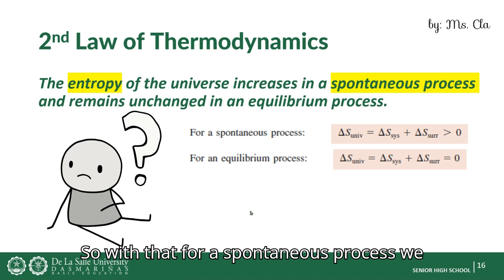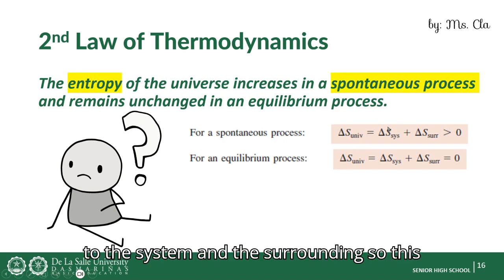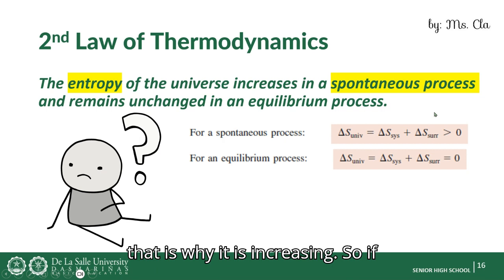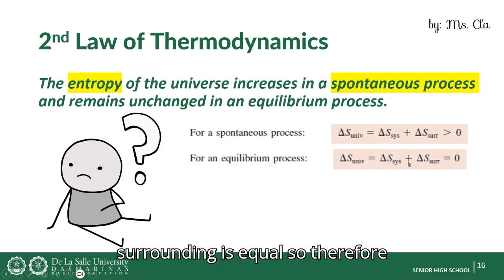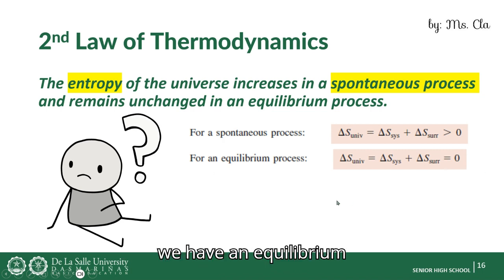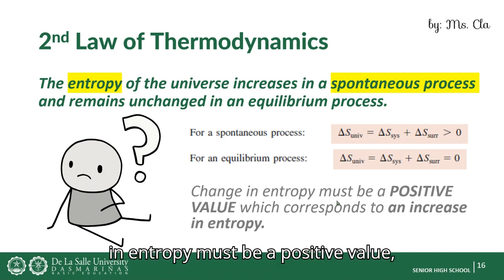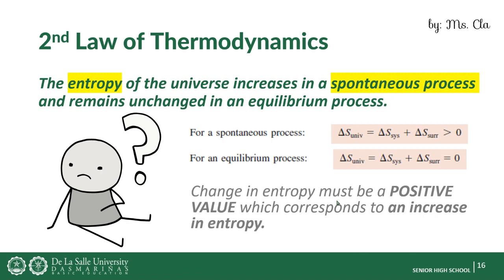For a spontaneous process, the entropy of the universe is equal to the entropy of the system and the surrounding, and this is greater than 0. So that is why it is increasing. If the universe, the system, and the surrounding are equal, then we have an equilibrium process. So the change in entropy must be a positive value, which corresponds to an increase in entropy.